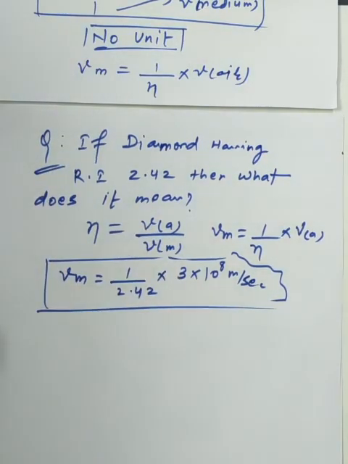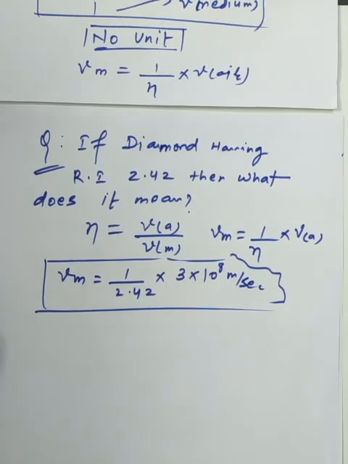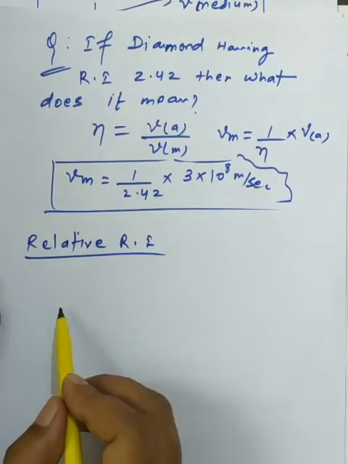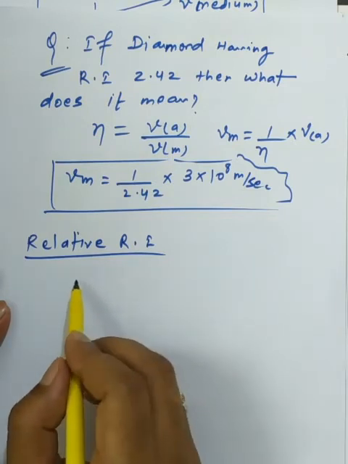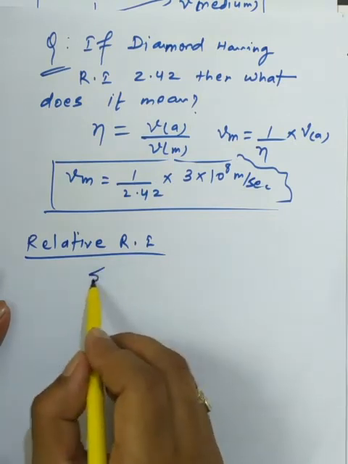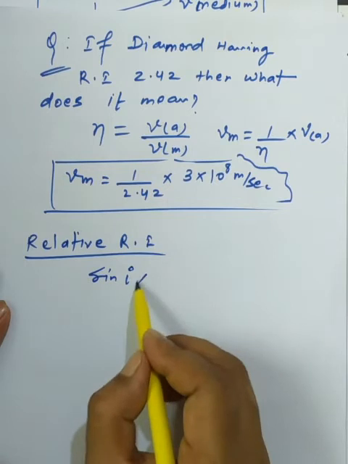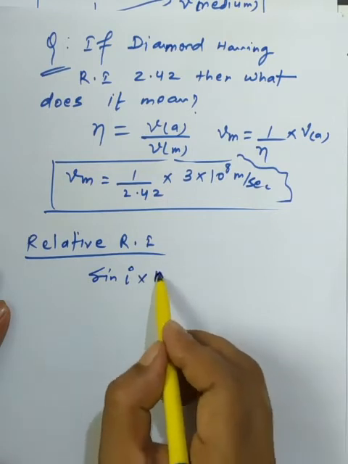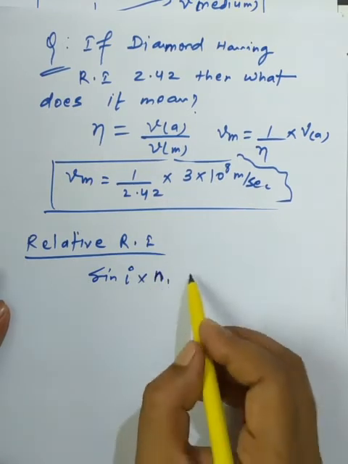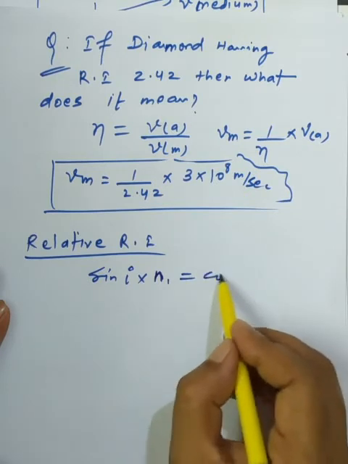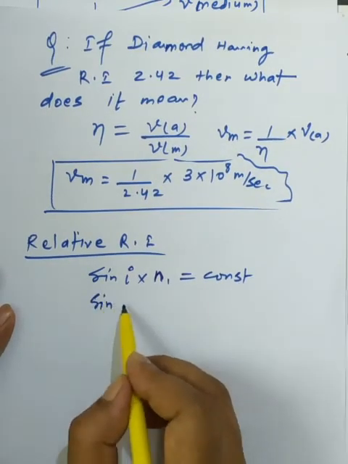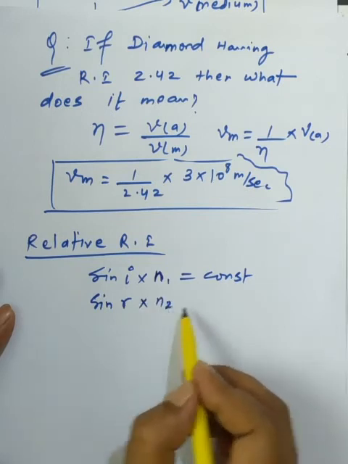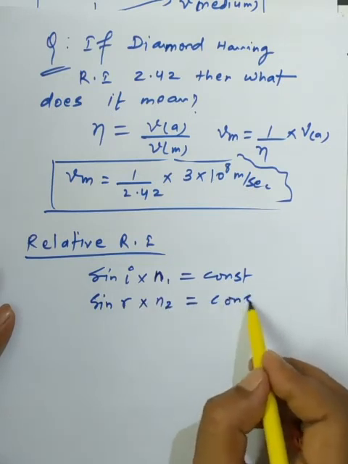Now we will talk about the relative refractive index. Here we are using the identity of Snell's law. Snell's law says that if we make the product of the sine of angle i and the refractive index of the concerned medium, suppose medium 1 having refractive index n1, that is equal to a constant. And in the other medium in which the ray is traveling, sine r into n2 is also equal to the constant.